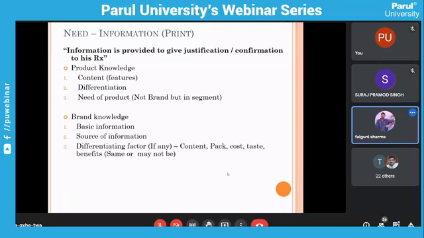Comparative knowledge, justification for your brand over others: how our brand is better than any other, and that can be justified not apart from quality but also from the knowledge or the information which we are sharing with our customer.